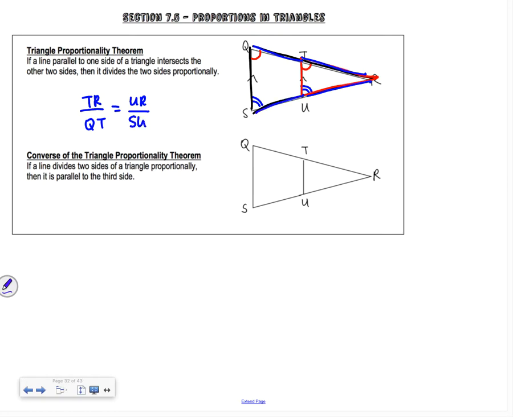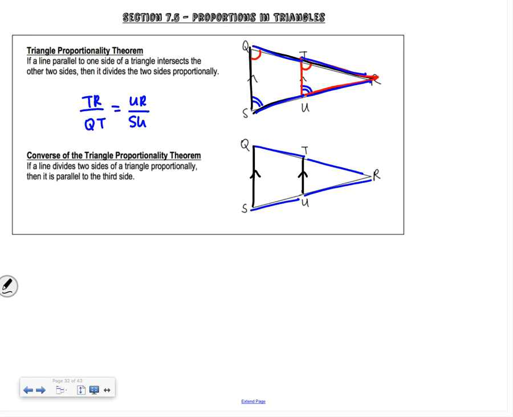So its pieces are proportional to one another as well. The converse to this says if we have TR over QT equals UR over SU, then we're able to say that these lines here are parallel to one another. So this statement will work with an if and only if in the middle because the converse is also true.